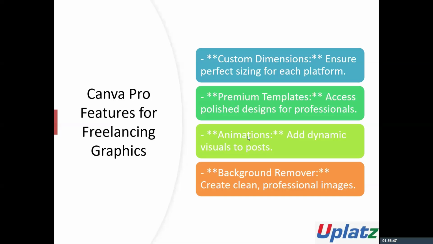Then we also have background remover where we can create clean, professional images. So this is how we can use the Pro feature of Canva for freelancing graphics. And we are using this on an end-to-end basis so that we can work out our social media engineering game and we can engineer amazing social media content.